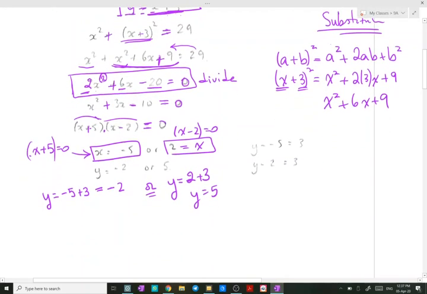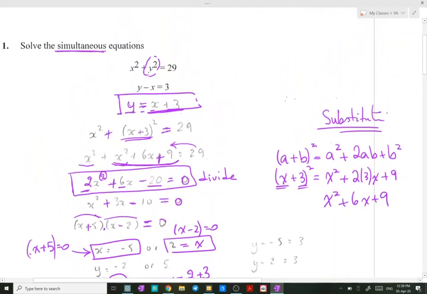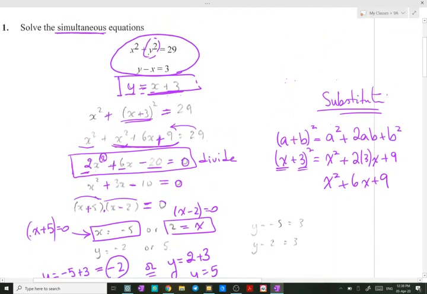Now, the solutions that we found are two. The first one is minus 5 for x and minus 2 for y. And we have 2 for x in the second solution and 5 for y. So these are the two solutions that, when you replace them in these two equations, will satisfy the equations.